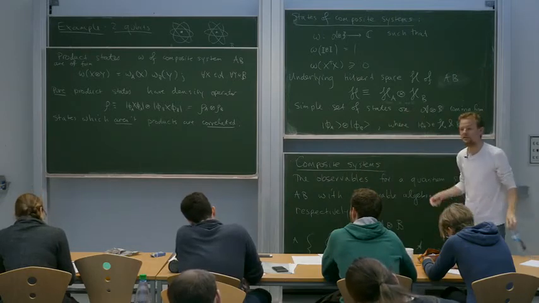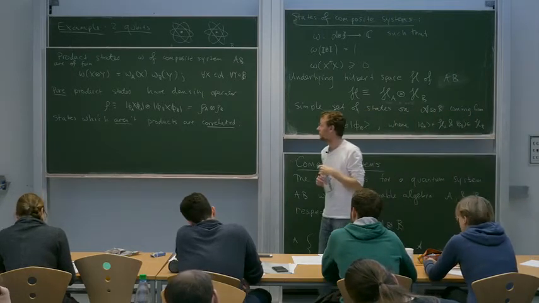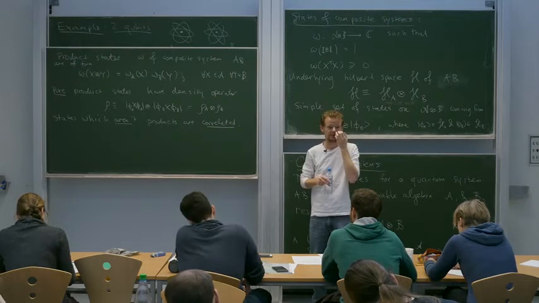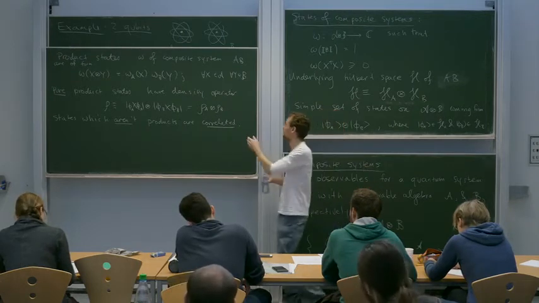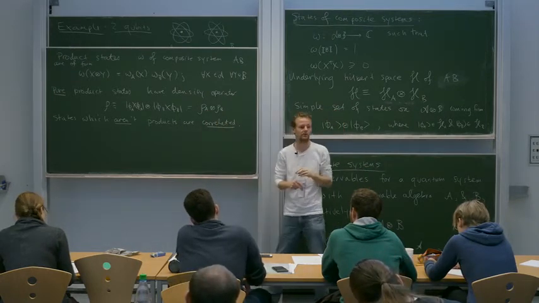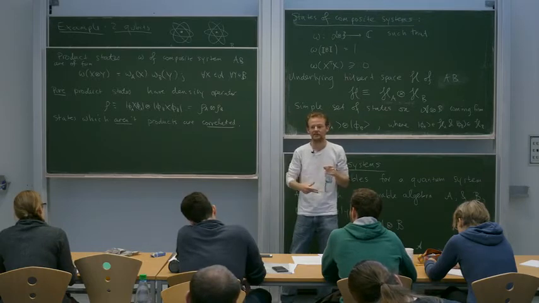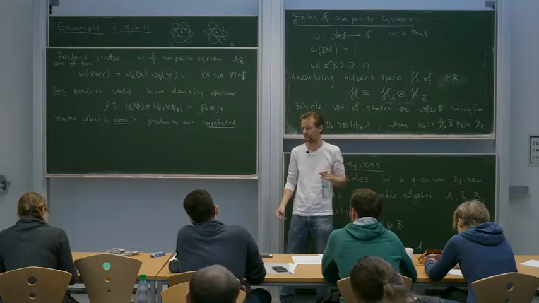So that's tempting. You might think it's true, but it's not. There are mixed states which can't be written as a product of independent preparations, but nonetheless they are still not entangled.